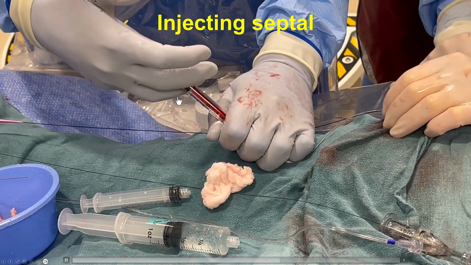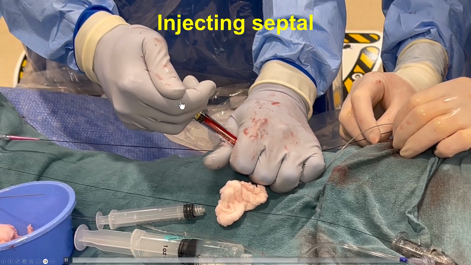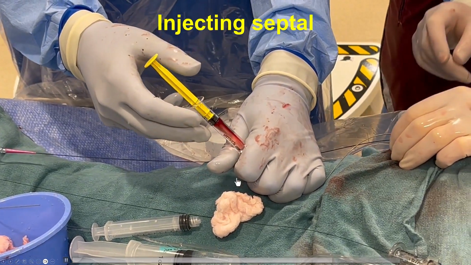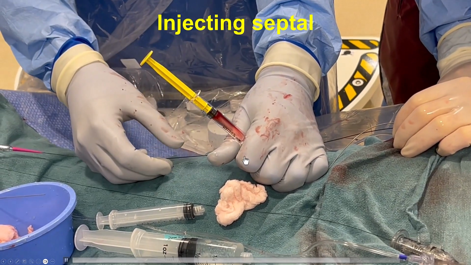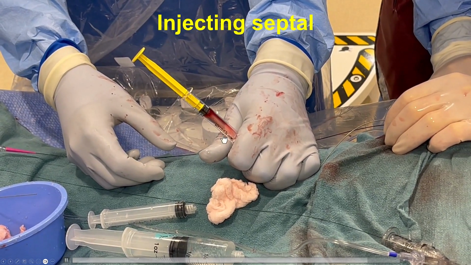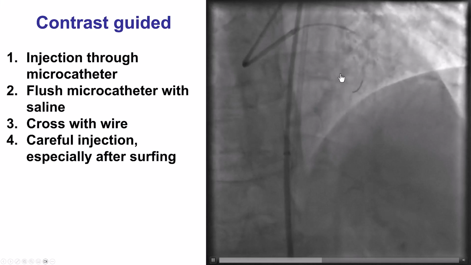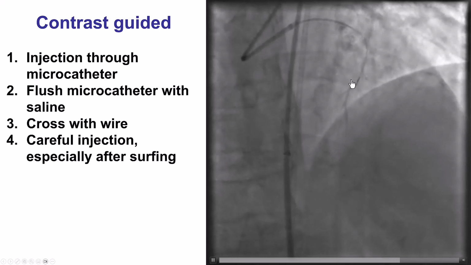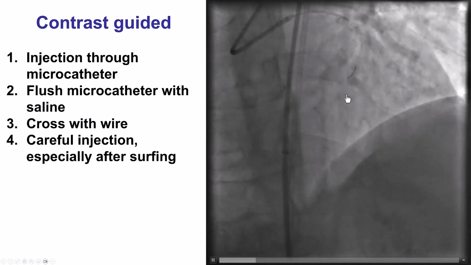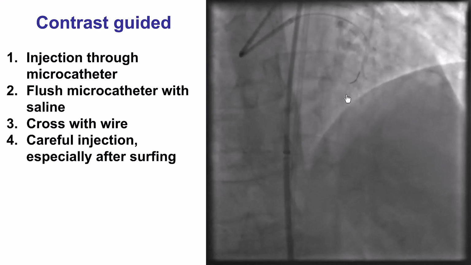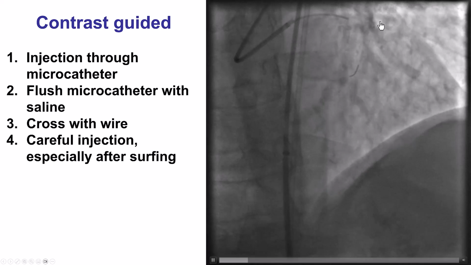And then we inject, and sometimes it may take some force to actually get the contrast to go. Under simultaneous visualization, we typically do cine angiography for that. Before advancing actual equipment, we take another 3 cc syringe and flush the microcatheter with saline to minimize the friction and the stickiness of the guide wires going through the microcatheter.